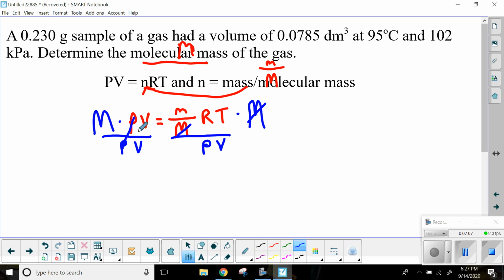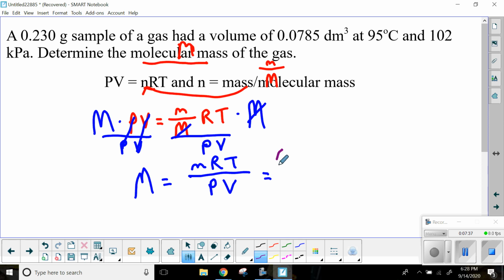And that's going to move the pressure and the volume to the right-hand side, leaving me with an expression to find molecular mass. Molecular mass is going to be the mass that I'm given times the universal gas constant times the temperature, all divided by the pressure times the volume. And here I am already to fill stuff in. I've isolated my molecular mass.